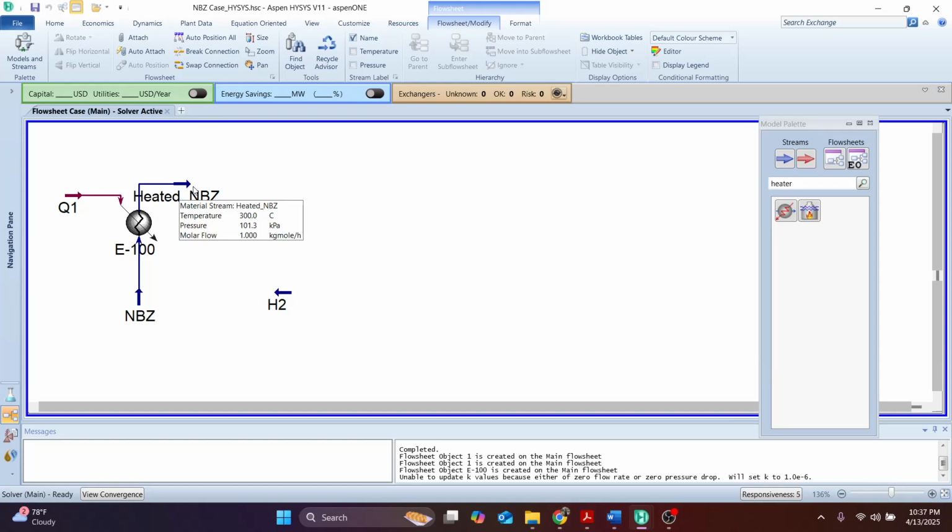Now here it's already at the required condition. Now we'll be having a mixer.